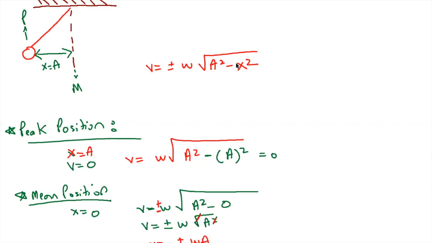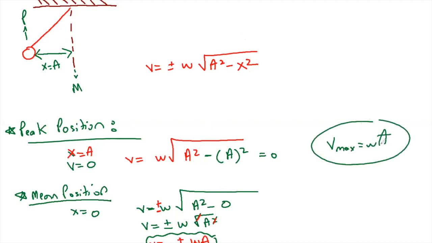Now, look at this. Didn't I tell you before that if I want to find velocity at mean position? Didn't I say that maximum velocity, V max, is omega a? One of you students asked me, how do I know that my velocity is maximum at mean position?